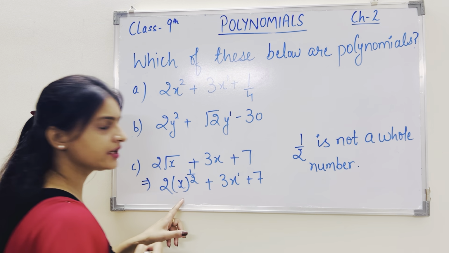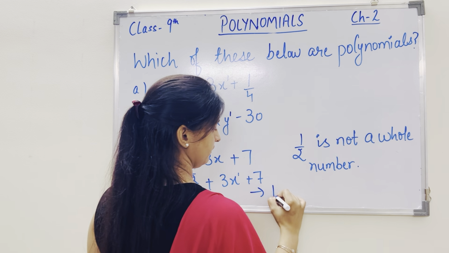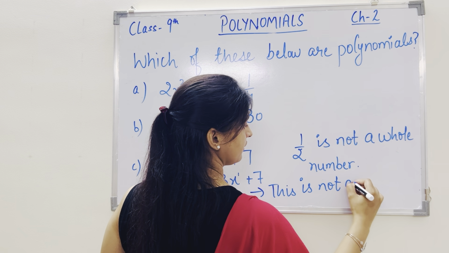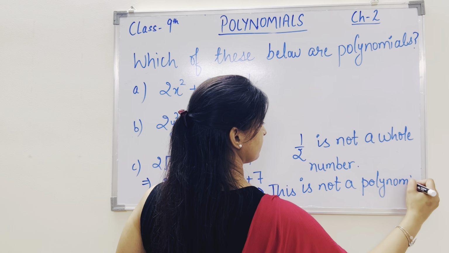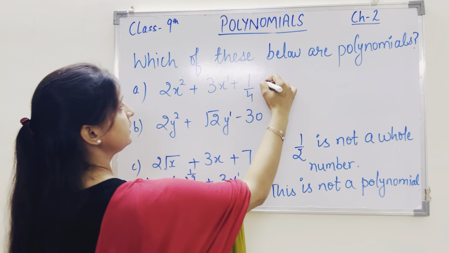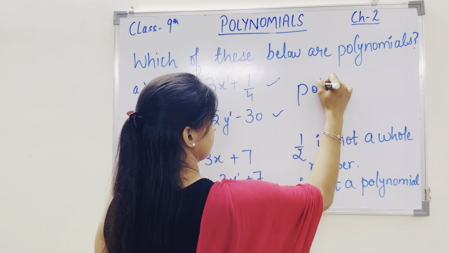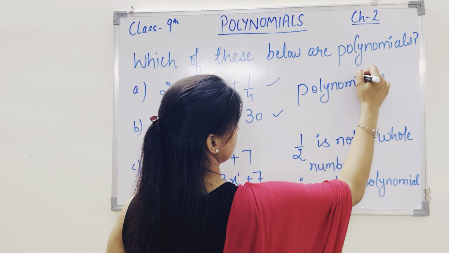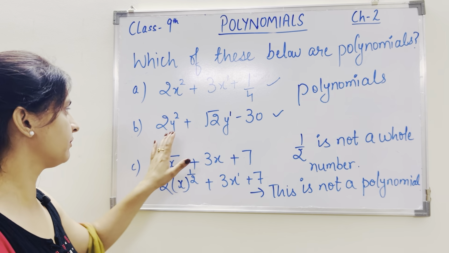So this given expression is not a polynomial. But these two given algebraic expressions are polynomials because they contain all positive powers.